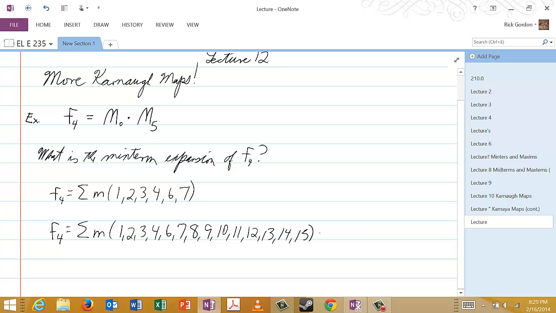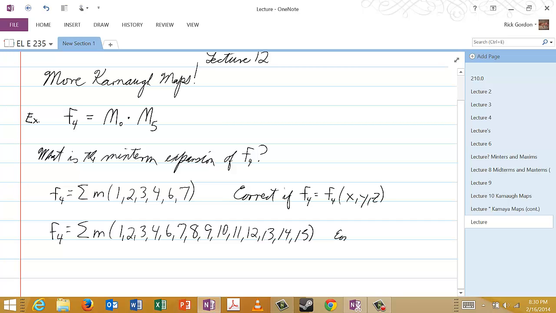Which answer is correct? Well, the first answer is correct if F4 is a function of just three variables. Let's say x, y, and z.